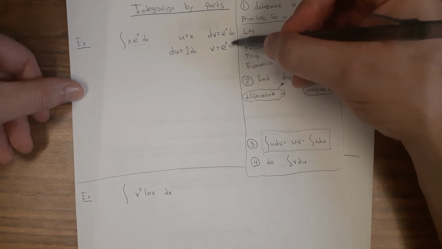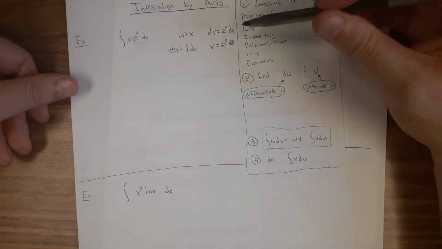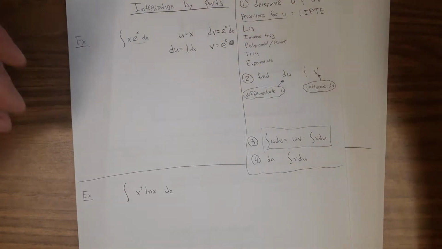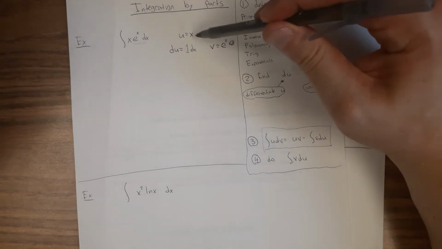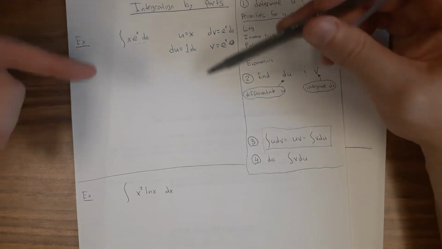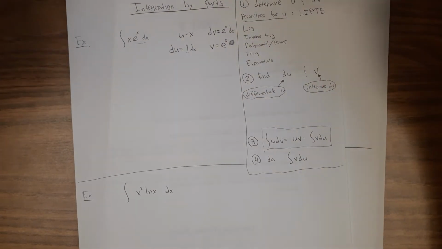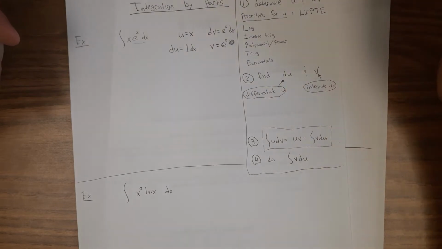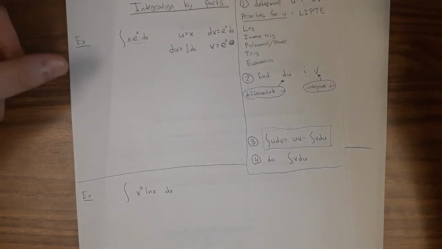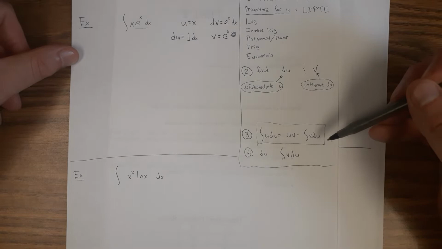Often when we do an antiderivative, we write plus c, but there's no point in doing that on this step. When we get to our final answer, I'm going to put plus c, but there's no point in putting it here. Okay? Now I'm going to use this formula.